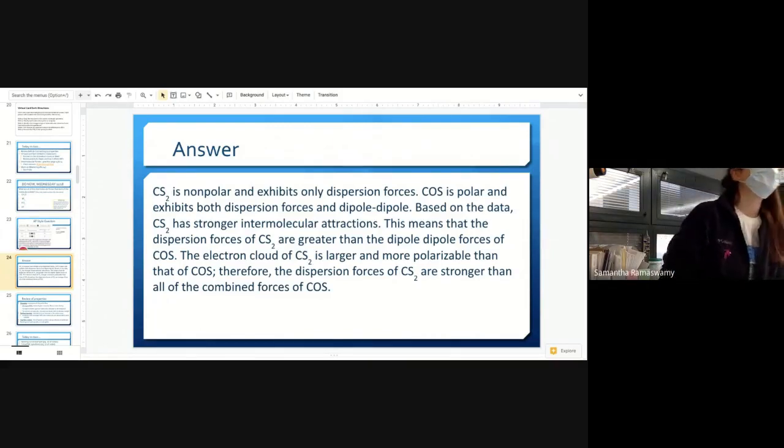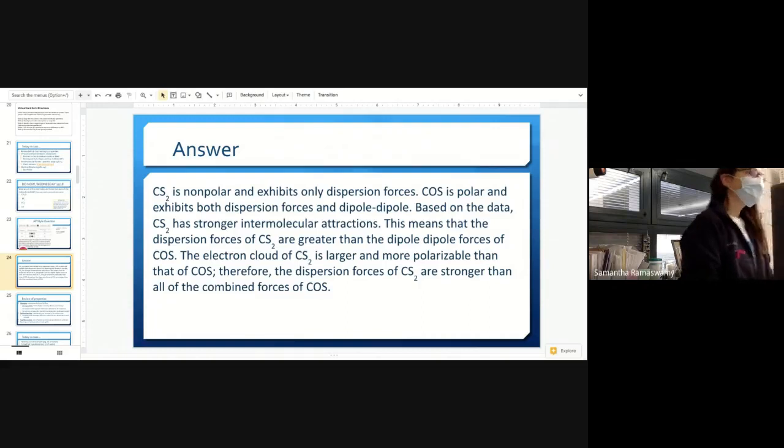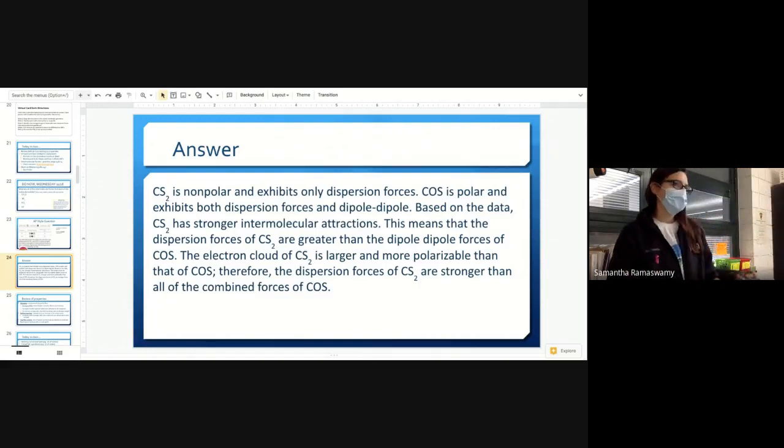And this is one where we get into, well, if one structure actually has stronger IMFs, why doesn't the data follow that?